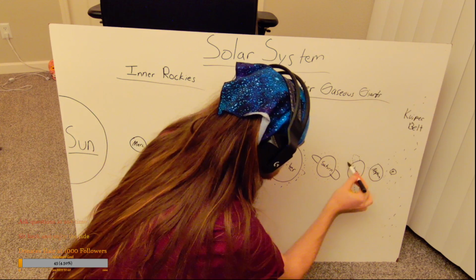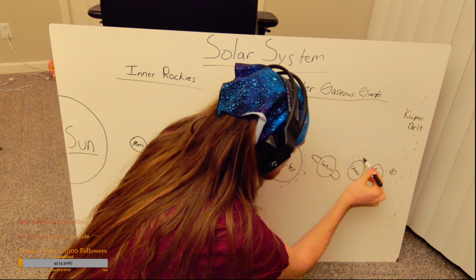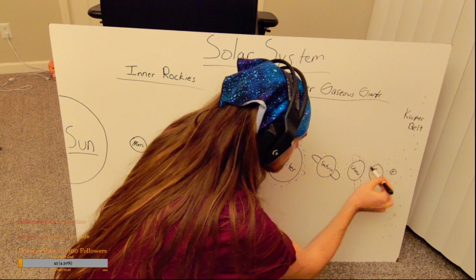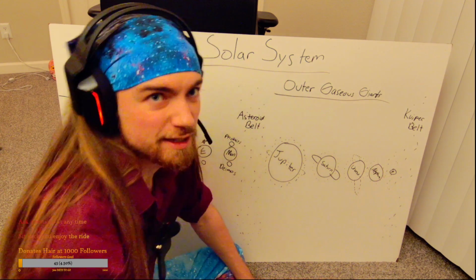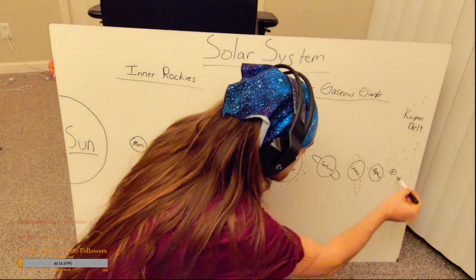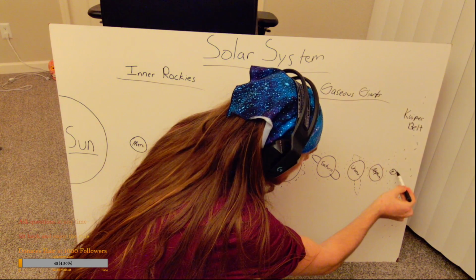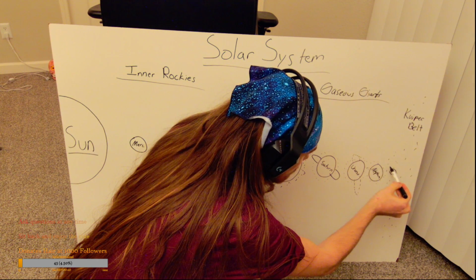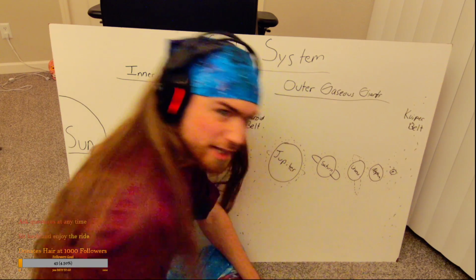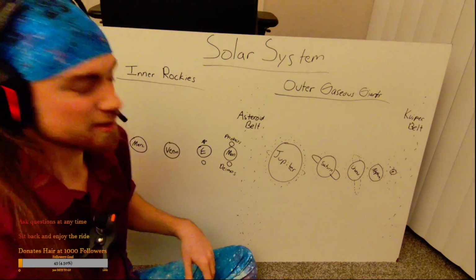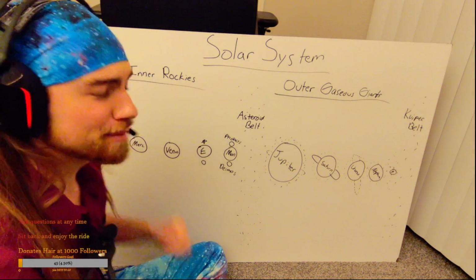Uranus, in the teens, 20s. Neptune, in the 10, 12, 15 area. Pluto, I believe, has about 4 hanging out with him. 3 or 4. Funny enough, even Pluto has some friends, despite everyone saying he's not a planet.